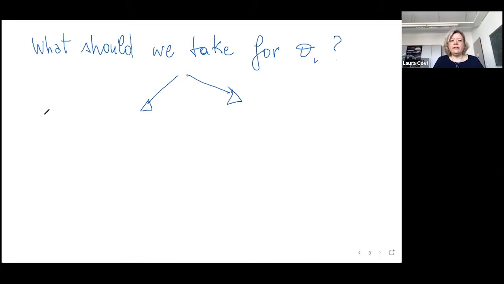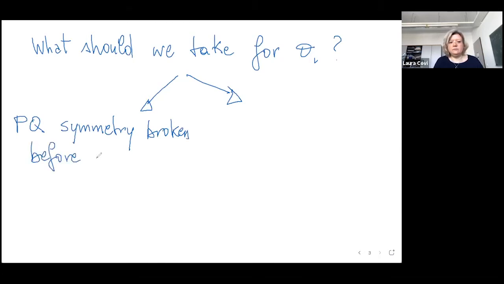I will discuss this also in more detail later. The first scenario is if you have the Peccei-Quinn symmetry broken before inflation. So you're assuming that you start inflation when the Peccei-Quinn symmetry is already broken. This means that the value of theta, so the value of the axion, is already different in different patches of the universe.